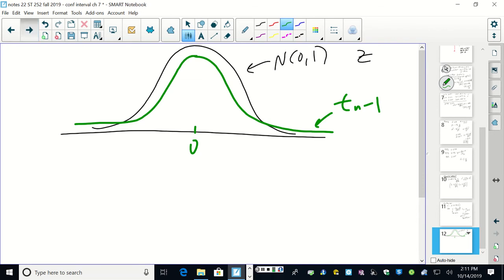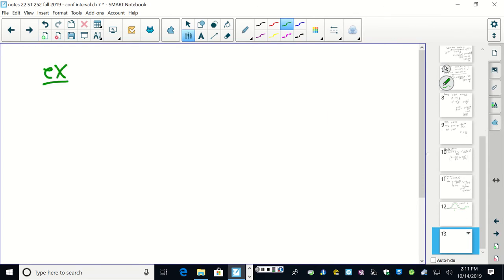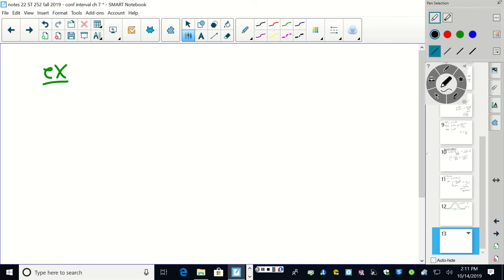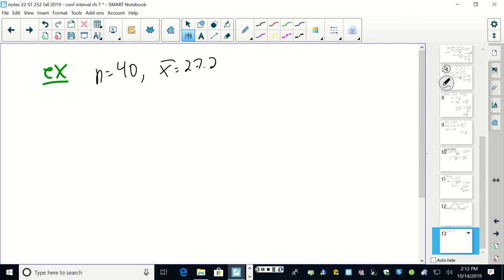So in this example, still on green, if we had our n equals 40 and our average was 27.2, let's say our sample standard deviation was 2.8, then we'd use degrees of freedom of 39.